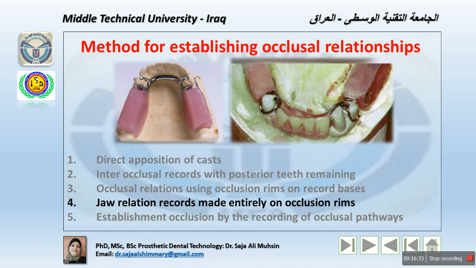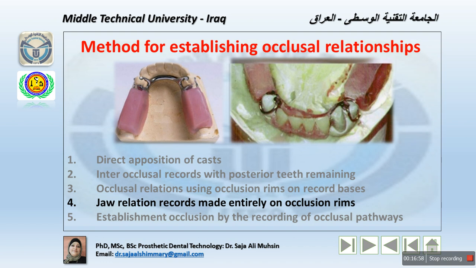The other method is the jaw relation record made entirely on occlusion rims. This, of course, is done after the construction of the metal substructure, the removable partial denture framework, and then the bite will be taken to arrange the artificial teeth.